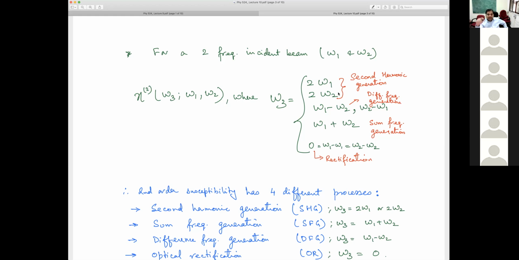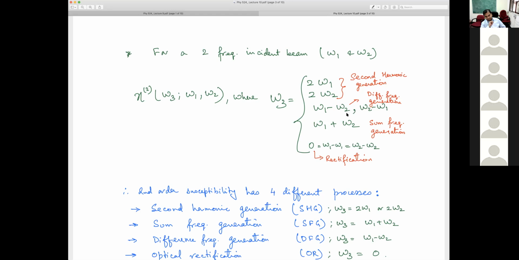Then I can have two electric field interaction where I take the plus omega 1 component of the first field and the minus omega 2 component of the second field. And that will give me omega 3 equal to omega 1 minus omega 2, which is technically called difference frequency generation. Similarly, I can interact so that I take the plus omega 2 component and plus omega 1 component of the two beams, and that term will give me omega 3 equal to omega 1 plus omega 2.